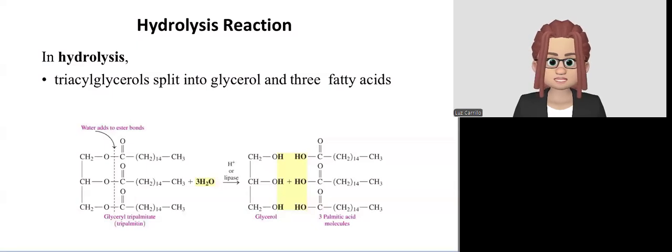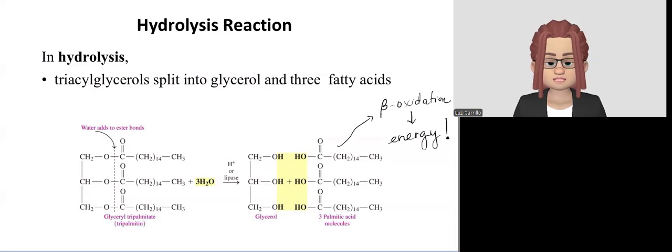These molecules then can undergo a reaction called beta oxidation. And that beta oxidation in the human body is what creates energy in the form of that important biomolecule called ATP. Remember that ATP is something that we are going to see later when we talk about nucleic acids.